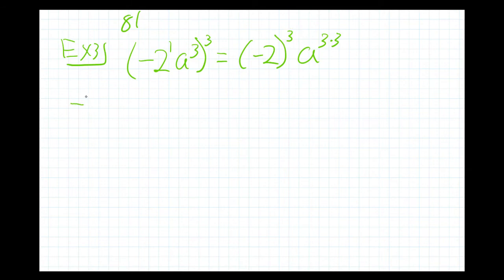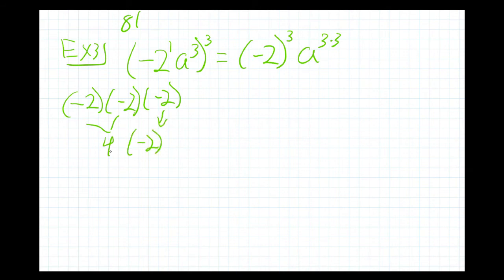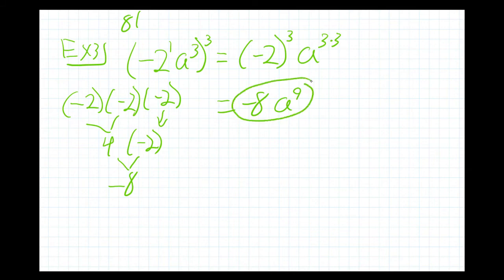So negative 2 to the third power is like multiplying negative 2 times itself 3 times. Negative 2 times negative 2 is positive 4. And we're still multiplying positive 4 times negative 2 there. So you end up with negative 8. Negative 8, a to the ninth, because 3 times 3 is giving us 9. It's your final answer there.